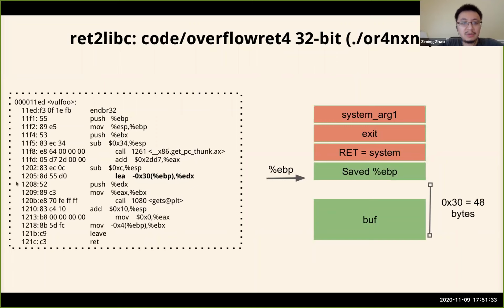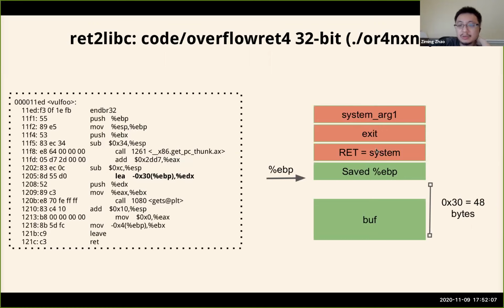We first disassemble this, then we find out the buffer is at EBP minus 0x30, which is 48 bytes from the buffer to the saved EBP. Then we have 4 bytes of saved EBP. So what we can overwrite is from the buffer to everything above. We find the function we want to return to.